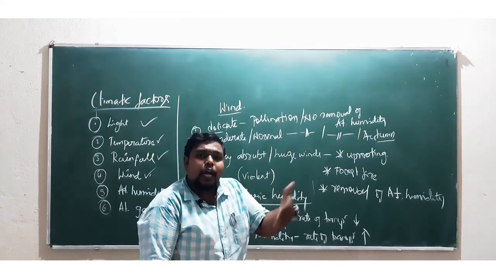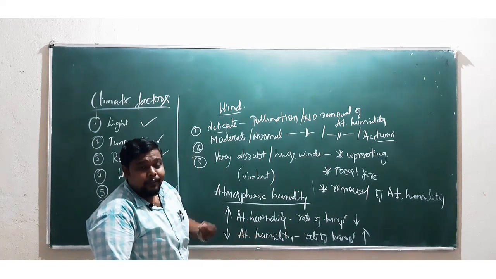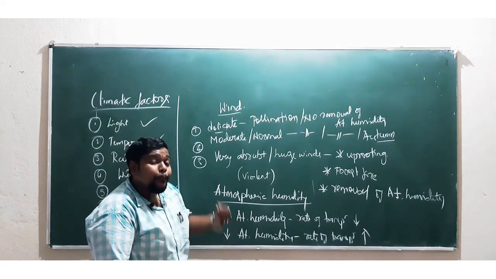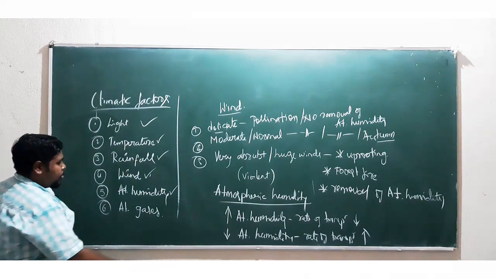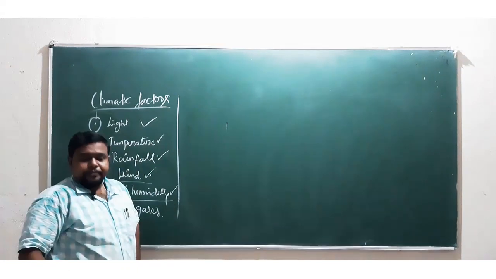When there is a rapid decrease in atmospheric humidity, they will go dry and lose their life here. So it has a small role, but a very important role as a climatic factor for a plant. So this is about atmospheric humidity.